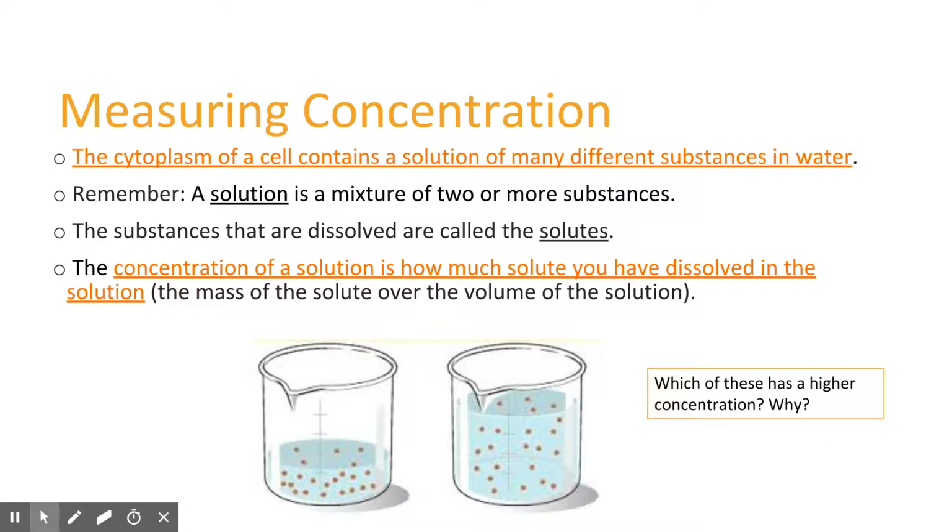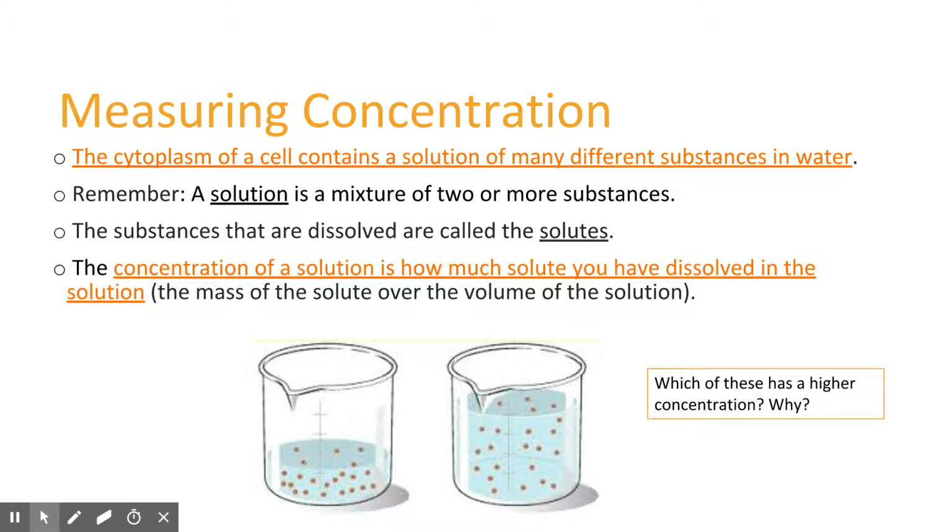So if we take a look at the two beakers below, the one on the left has the same number of particles as the one on the right, but the right has a higher volume of liquid. So which one of these is going to have a higher concentration and why? Take a moment, pause the video, and think about it.